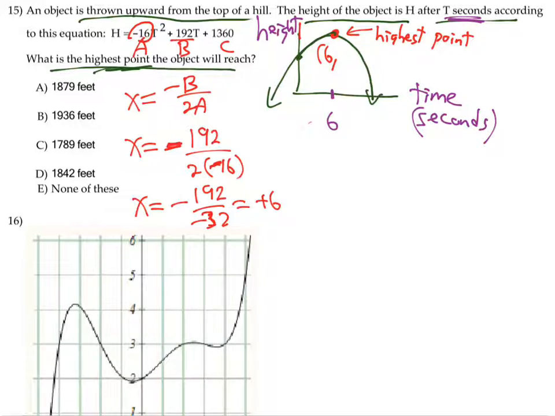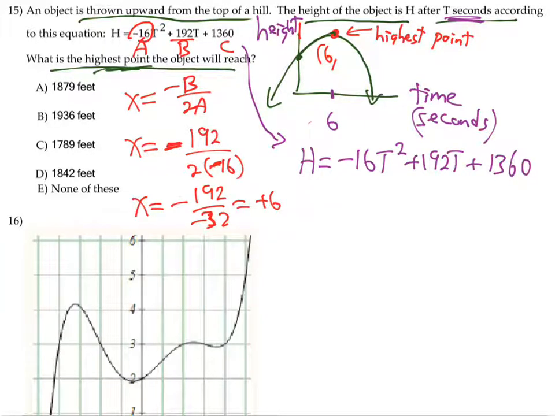We take the h equation. H equals negative 16t squared, plus 192t, plus 1360. And x is the same as t, really, because time is the x-axis. So plug in time equals 6 seconds.